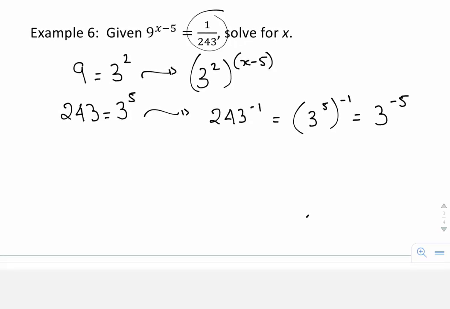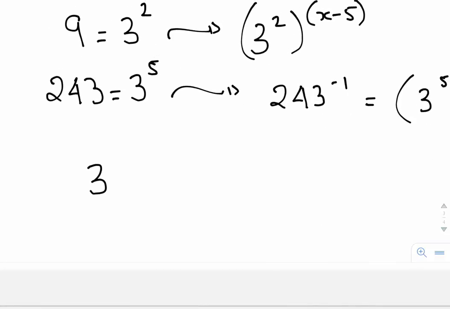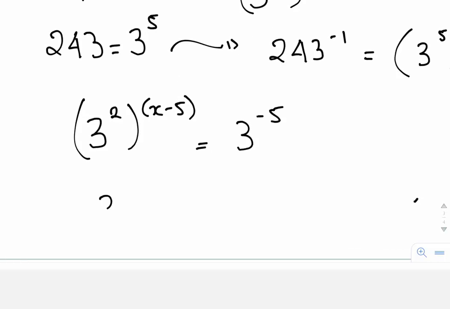Lo and behold, I'll just keep it in the form that I have it here, so I'll have 3 squared to the exponent x minus 5 is equal to 3 to the negative 5, which is 2 times x minus 5.